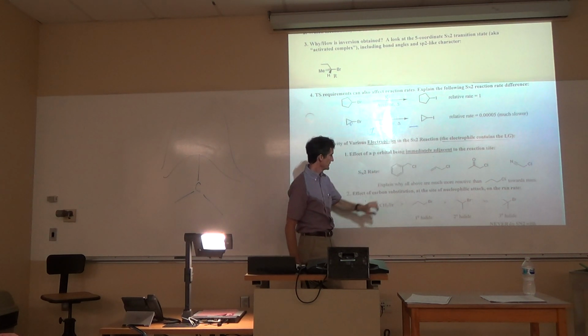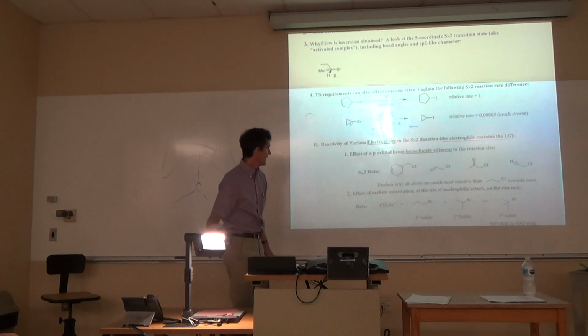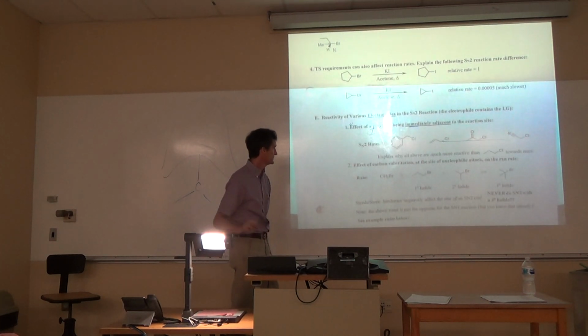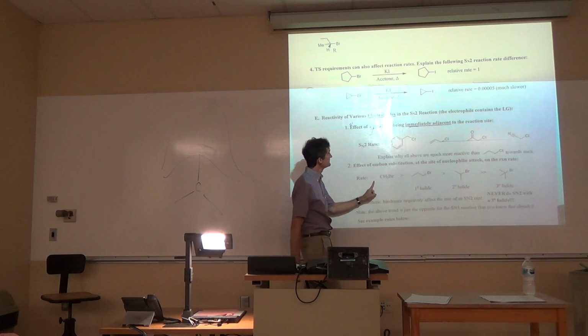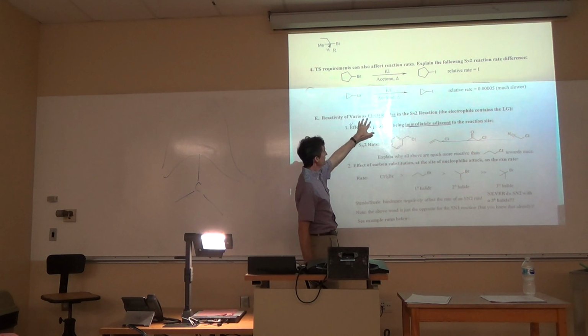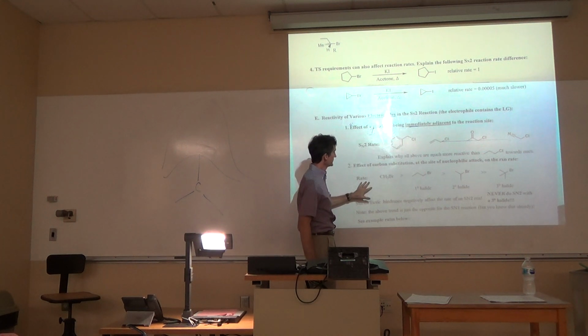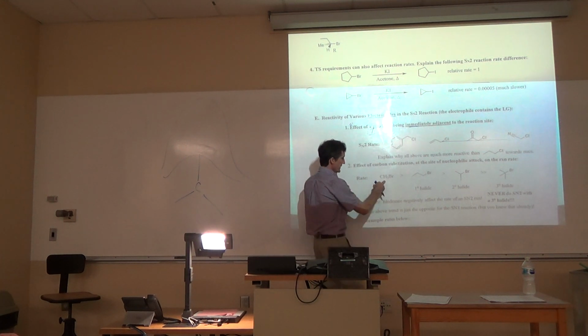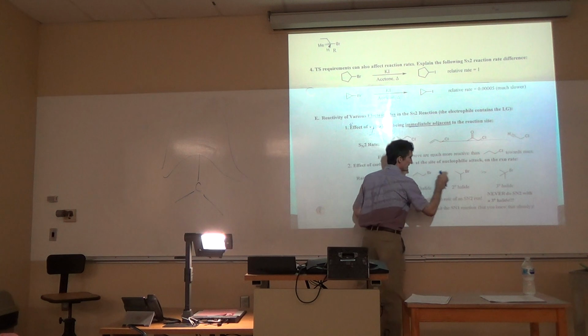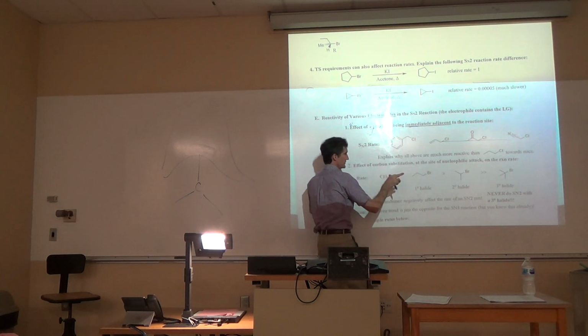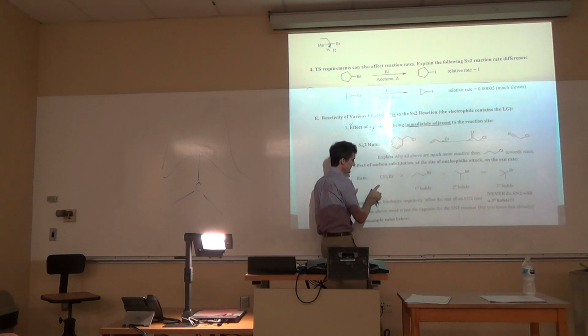Things with leaving groups. Down here, effective carbon substitution. Okay? Reactivity of various things with leaving groups. This guy, I'm keeping the leaving group the same here, so we're not looking at that yet. There's no change. The change here is what?